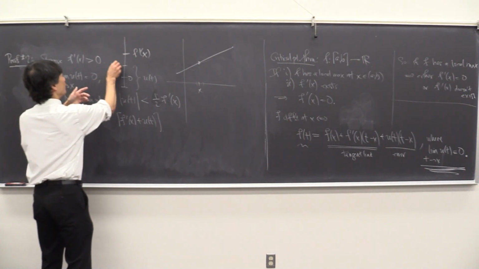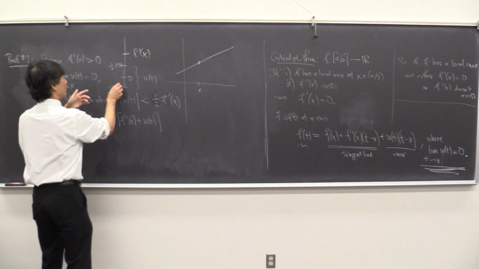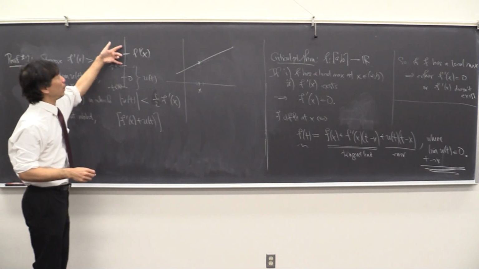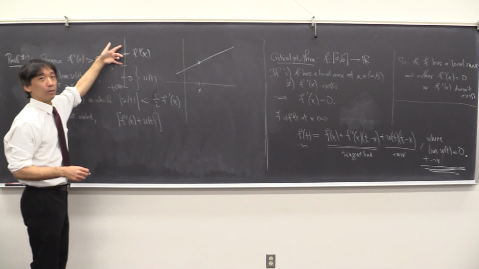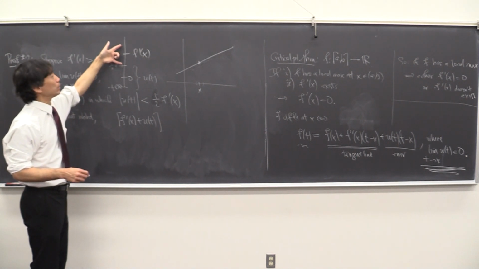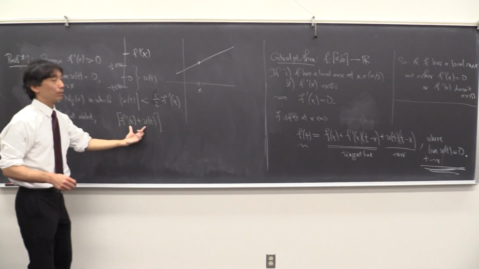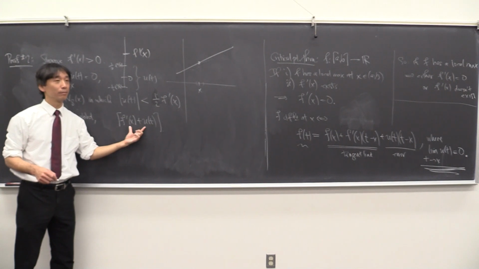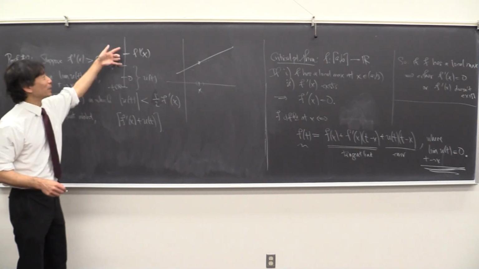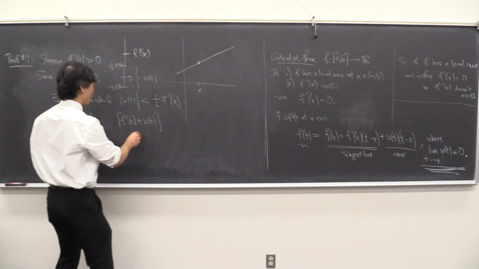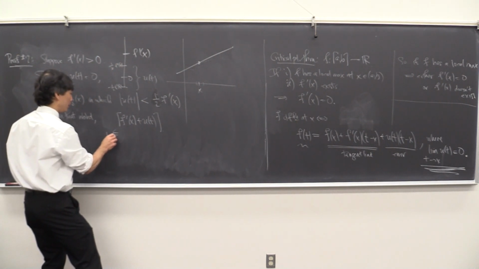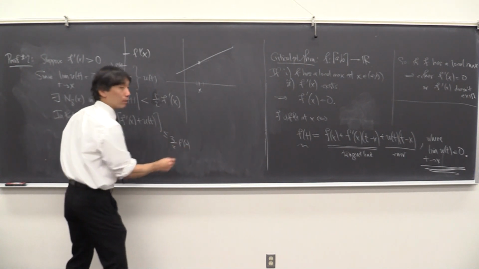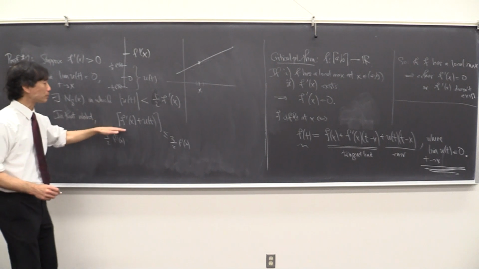Here is 1/2 f prime x. Here is negative 1/2 f prime x. The number is trapped between here and here. I add that number onto f prime x. What's the range of the sum? Where could that sum lie? Is it between 1/2 f prime x and 3/2? Exactly. So this thing is trapped between 1/2 f prime x and 3/2 f prime x.